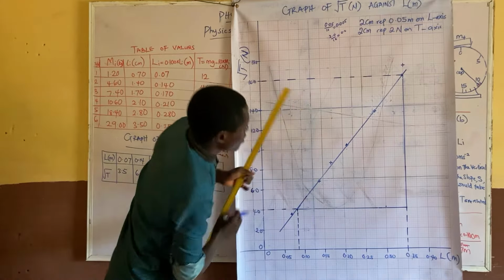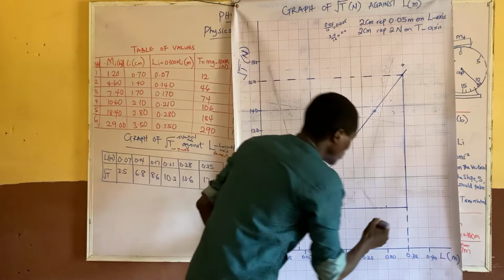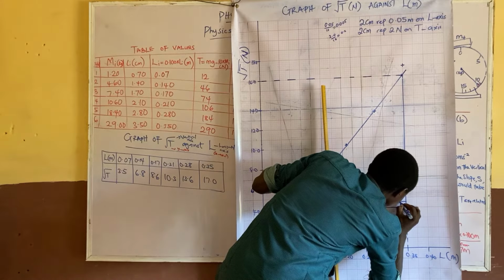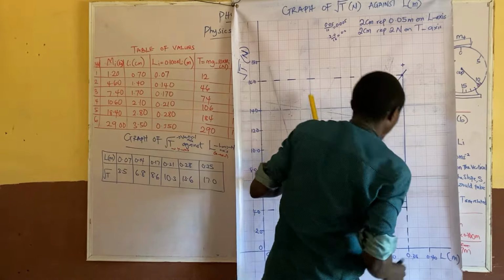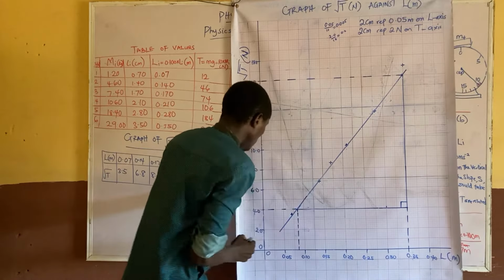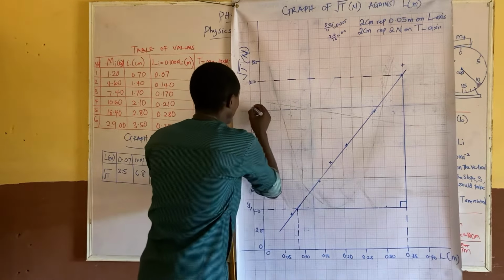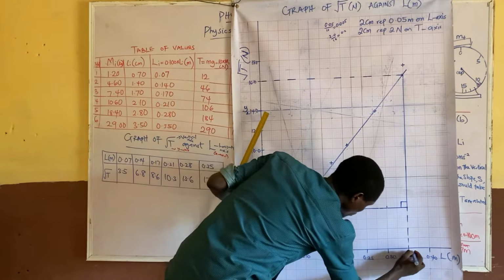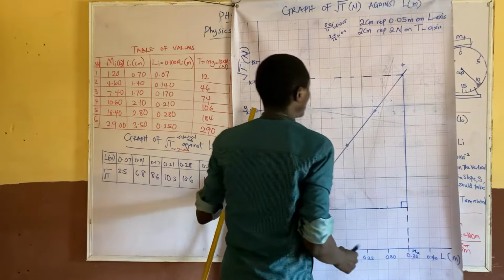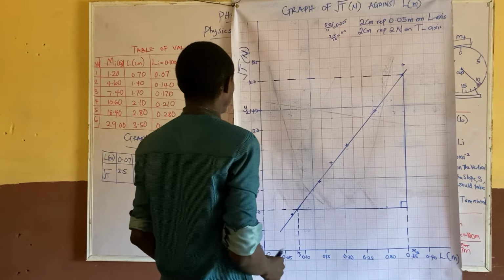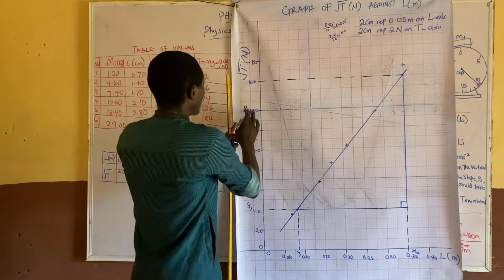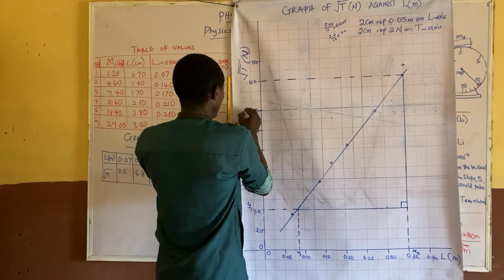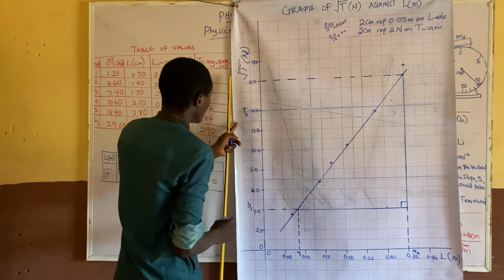So now let's try and calculate our slope. We can draw right angles here. So to calculate the slope, this is your y1, your y2, your x1 and your x2. We don't call it x1, x2, we can call it T1 and T2, because we are using tension now.